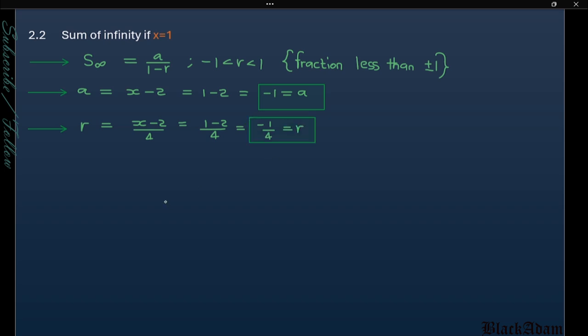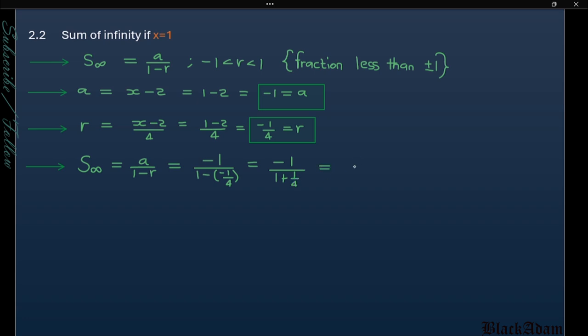That is our ratio. Then we put it in the equation, which is sum to infinity, a over 1 minus r, and our a is going to be -1 over 1 minus our r, which is -1 over 4, so that gives us -1 over 1 plus 1 over 4.